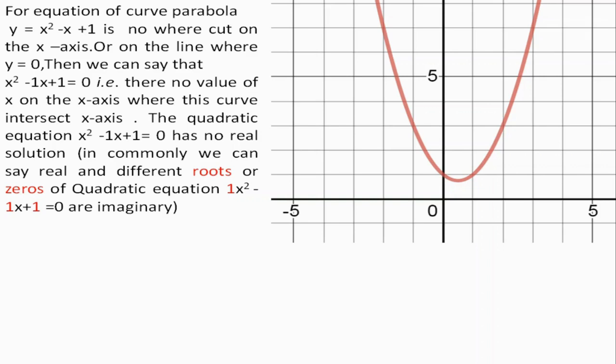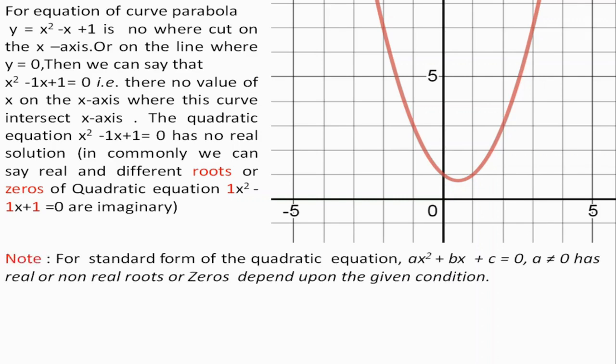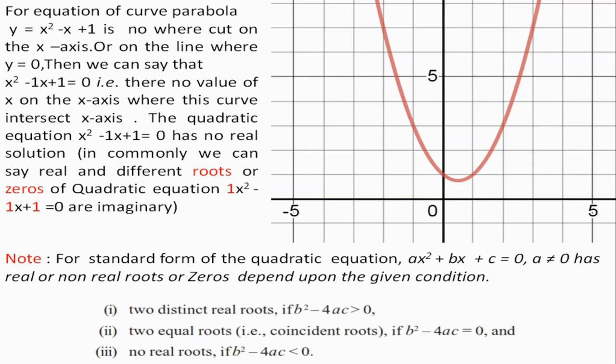Or these roots are imaginary, which you will learn in the next class, class 11th. Note, for the standard form of the quadratic equation ax square plus bx plus c equal to 0, where a is not equal to 0, there are three different conditions: real and different roots, equal and real roots, and no real roots.